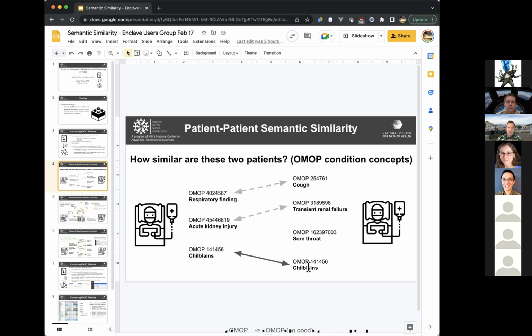The idea here is to do something more sophisticated than exact matching, chilblains here is chilblains there, and ignoring all the fuzzy matches. So it gives you a way of doing fuzzy matching between, like, say, respiratory finding and cough. So maybe conceptually you give this a 1, and this would be some fraction of a 1 as far as similarity. That doesn't actually work that way from 0 to 1, but you get the idea.